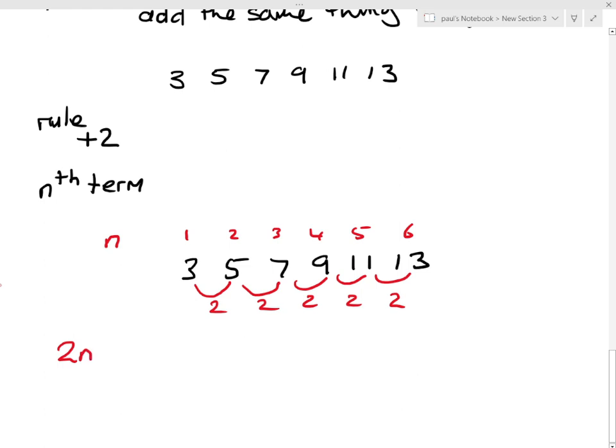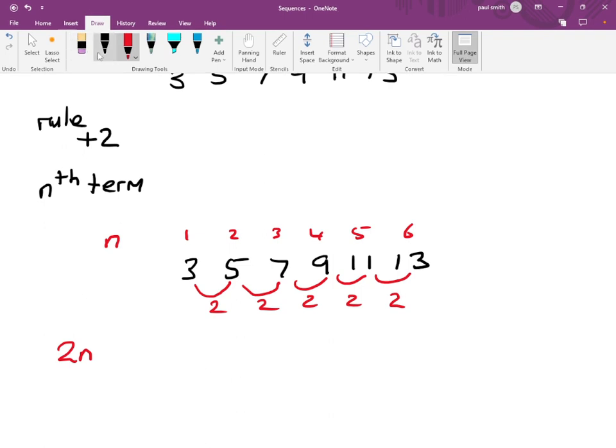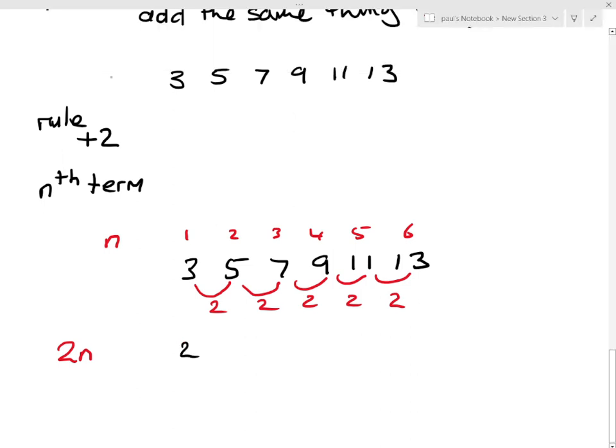Now we need to find out what the value of the 2n is. So let's come with a different color. So we do 2 times the n number, these red ones at the top. So 2 times 1 is 2, 2 times 2 is 4, 2 times 3 is 6, 8, 10 and 12. Now this is what we know the value of 2n to be, but it isn't the same as the numbers in our sequence.